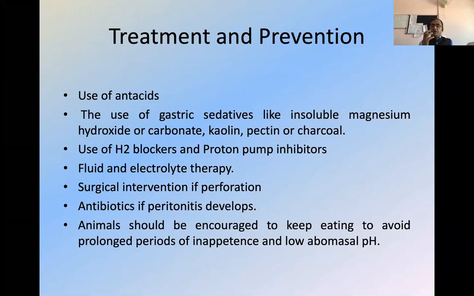If the animal is anorectic for a long time, this type of fluid is required. If the animal is suffering from hyponatremia, meaning low sodium content, then you go for this type of fluid. If the animal requires glucose, then we go for DNS-like solutions.